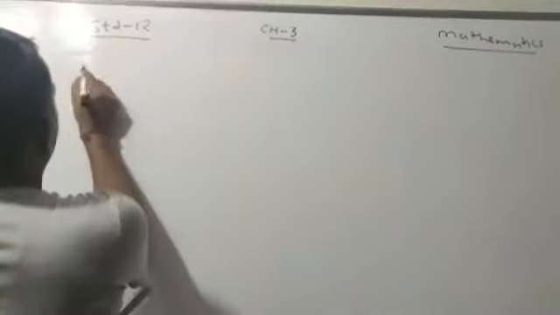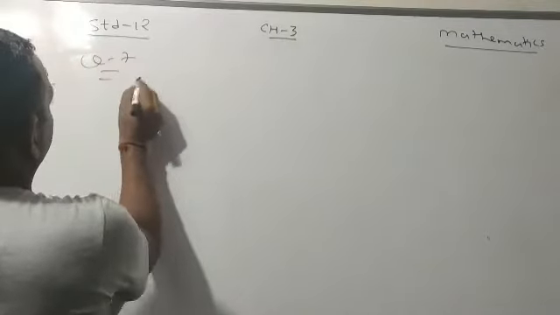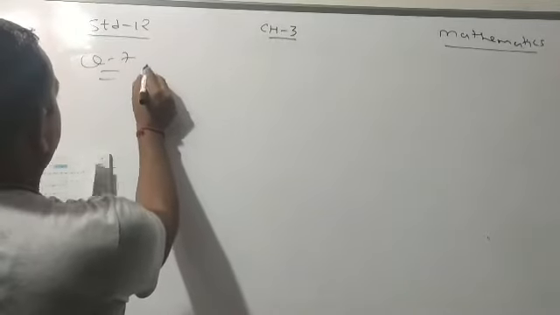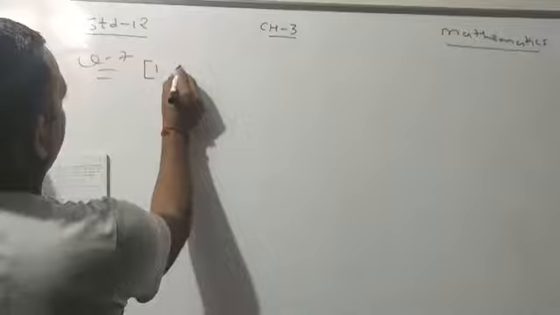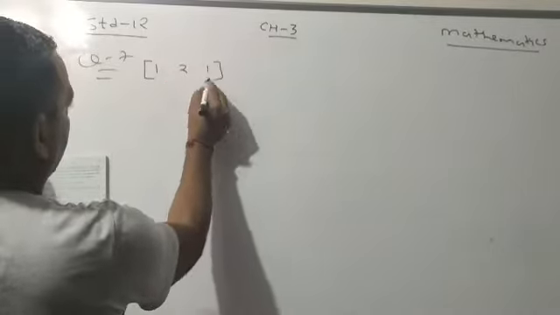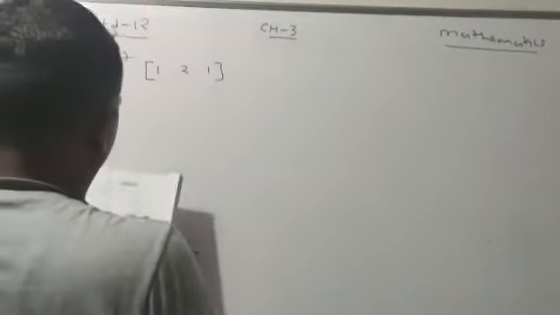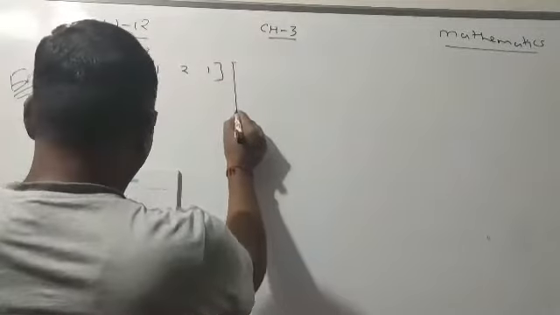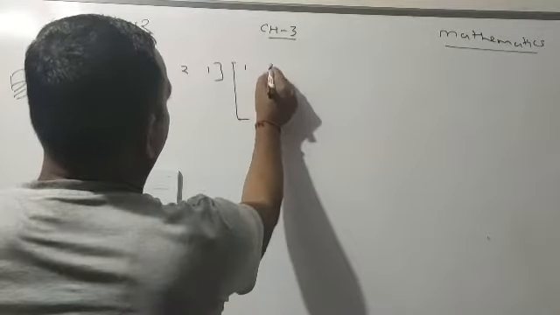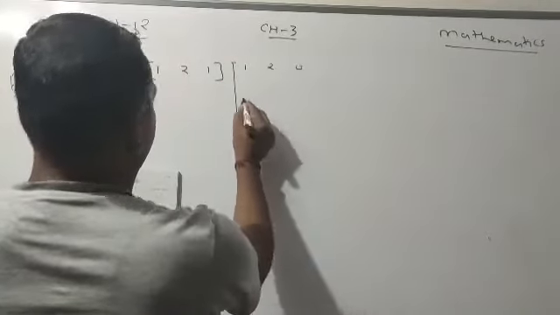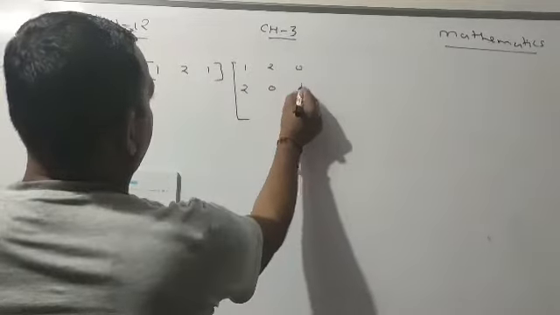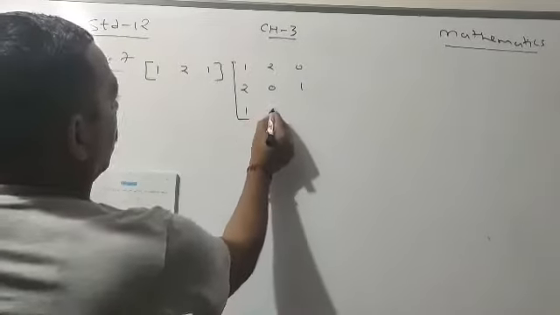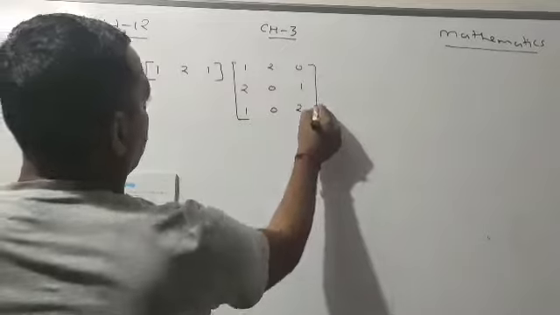See, the 7th question is: the first matrix is 1, 2, 1. The second one is 1, 2, 0; 2, 0, 1; 1, 0, 2.